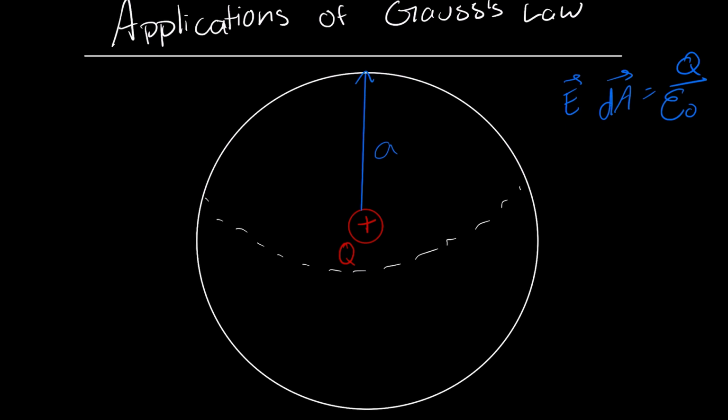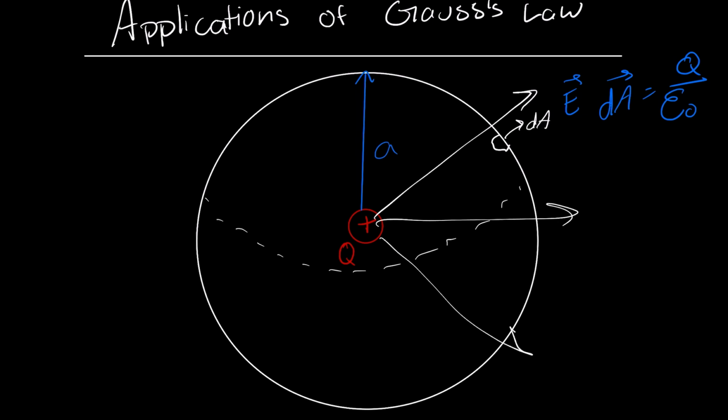And the E, I'm going to write that down just so that we don't forget. This is dA. And the E is also heading in this direction, just like we saw previously with the electric fields.